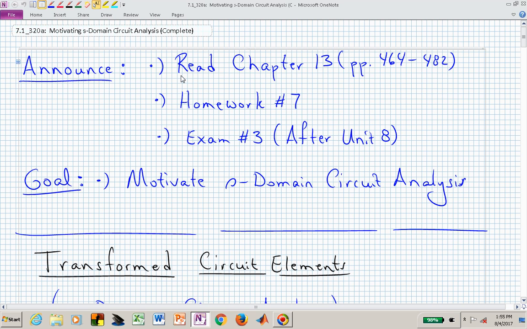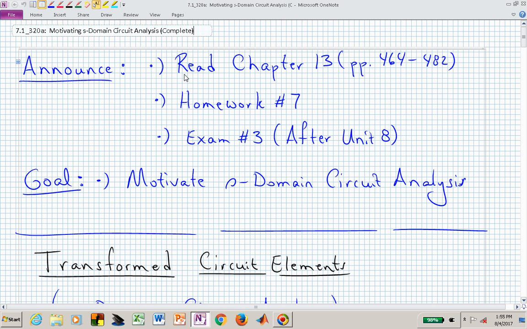What we want to do in this first part of Chapter 13 is look at immediately going into an S-domain circuit and performing our circuit analysis in the frequency domain, and then in the final stage take it into the time domain if we need a time domain answer.